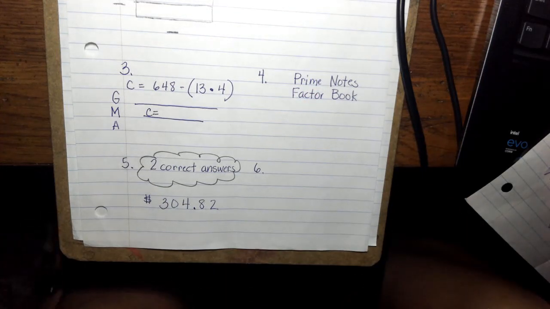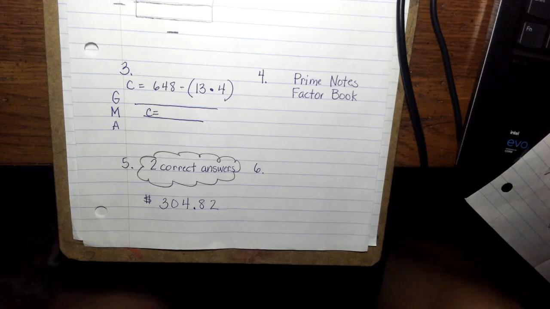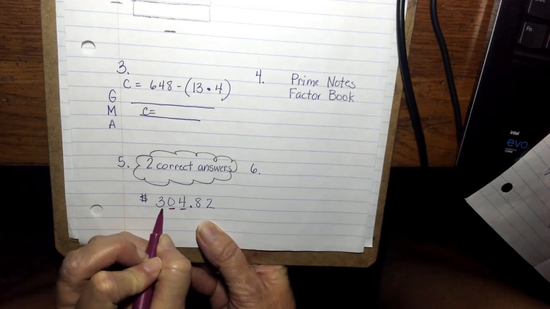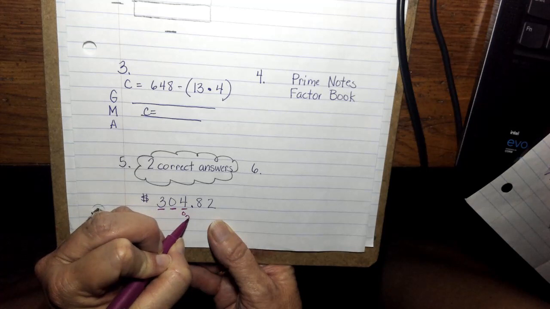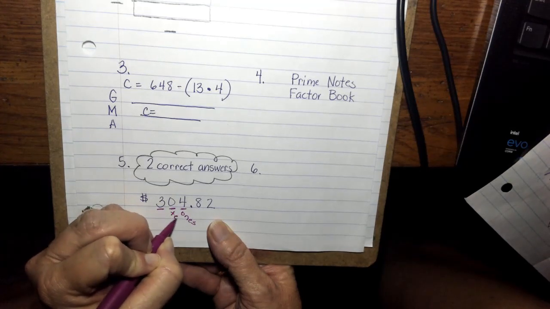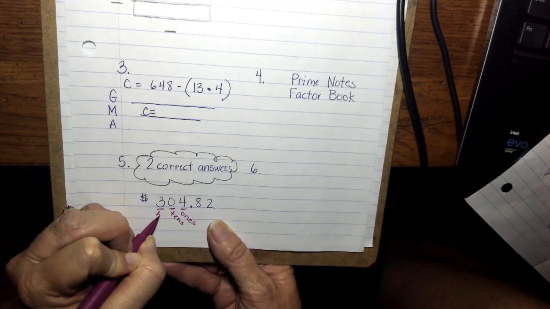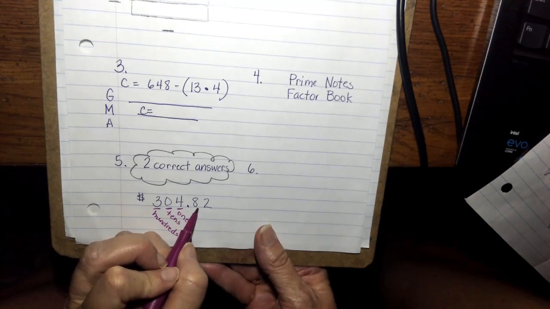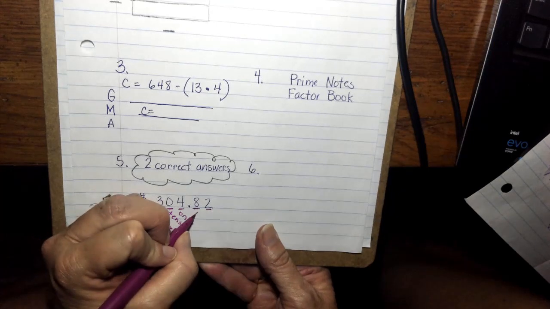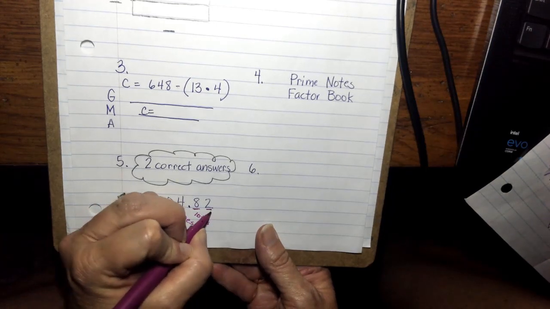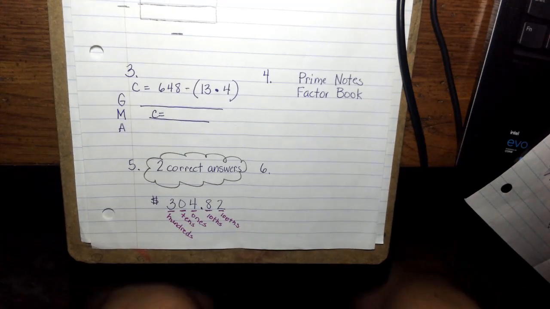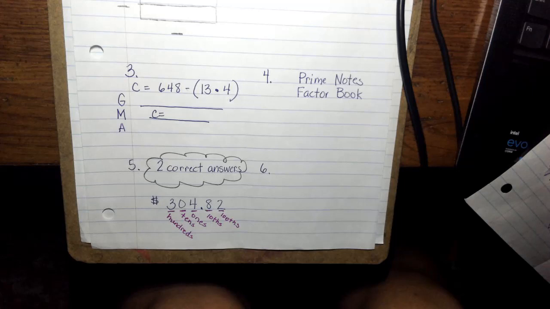So I would encourage you on this question to label your places. Right in front of the decimal, I would make my place value marks, and I would label this the ones, the tens, and the hundreds. And right behind the decimal, I have the tenths and the hundredths. Now that you have those places labeled, finding your answer should be easy.